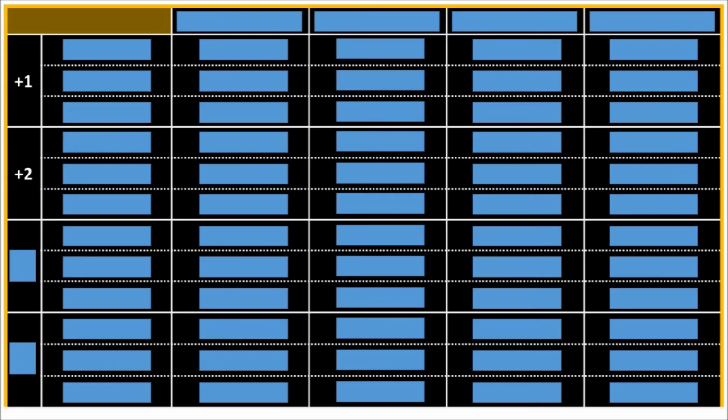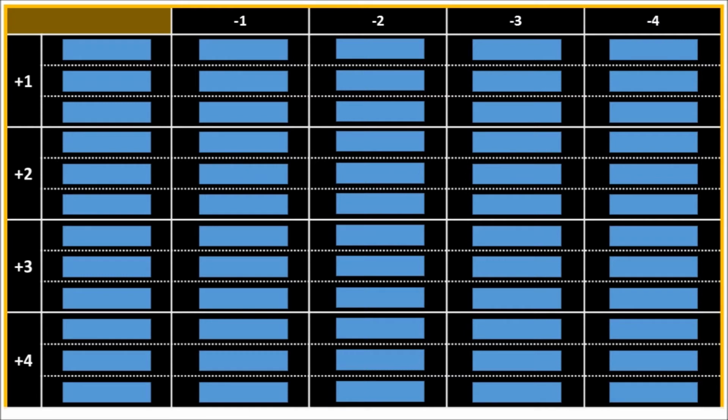Okay, this table has the positive ions on the left and the negative ions up top. And we're going to look at ratios of the charges, +1, -1, +1, -2, etc. And then how does the charge ratio compare to the combination ratio?